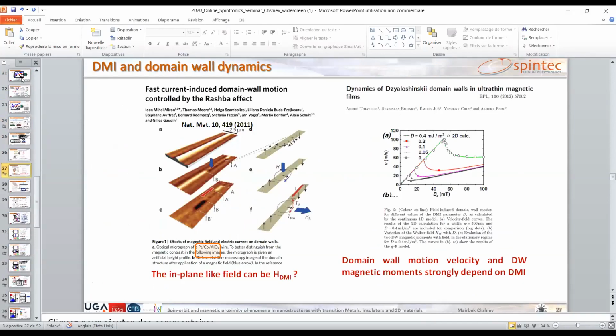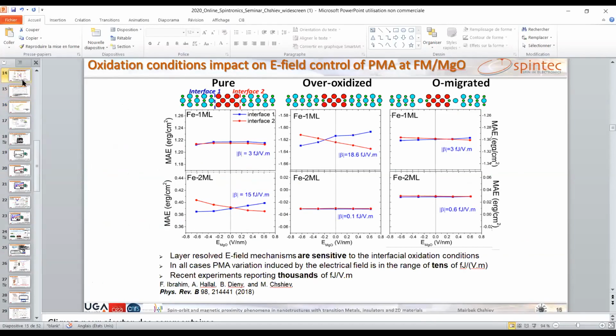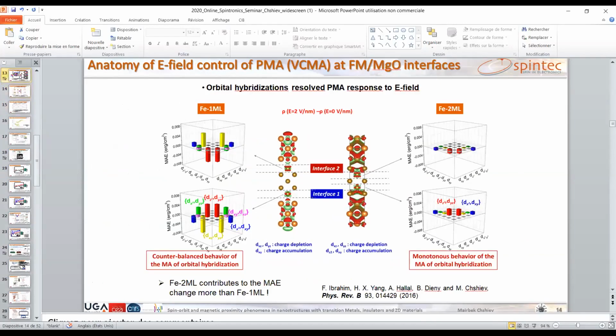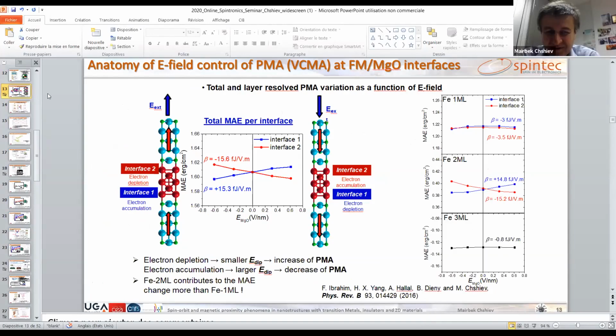For the VCMA coefficient, we need to consider the relative permittivity of the insulator material, let's say MgO or other. Correct, you're right. So what value are you using, the standard experimental value, or does it change from structure to structure, depending on the strain or other factors? Yeah, I understood your question.